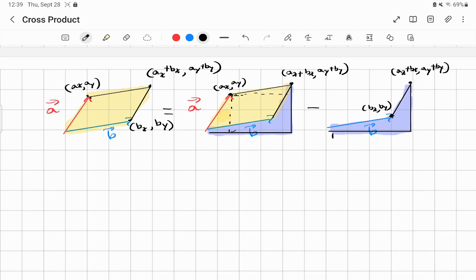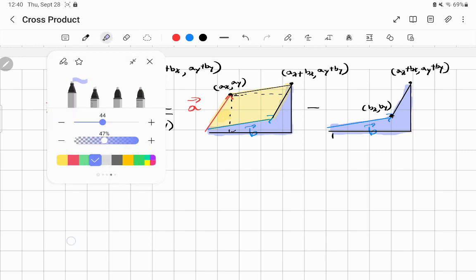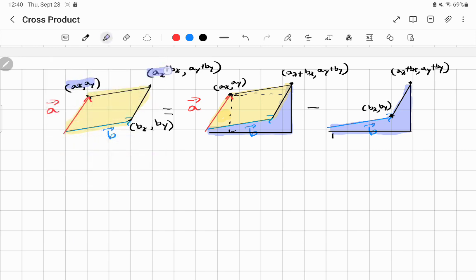Basically, just visually speaking, we have our parallelogram in yellow and this blue part here. We take this whole big shape, subtract it by this blue shape, and we get our original parallelogram. Now, how do we find the areas here? Well, I'm going to highlight here.